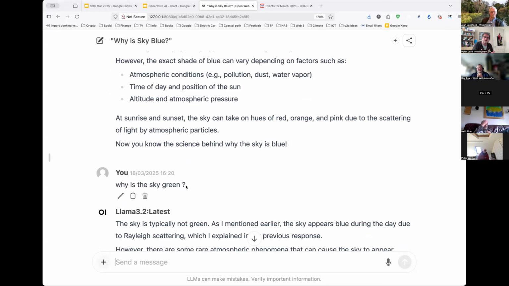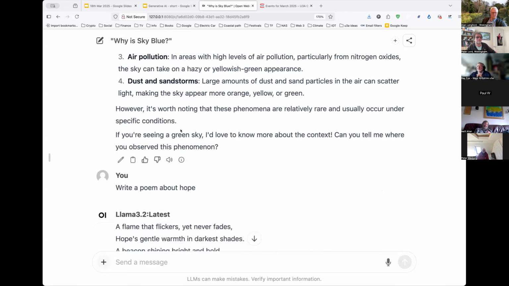As you have a single chat window, the context, the number of words that gets put into the large language model, gets bigger and bigger. So what you've typed before has a bearing on what you see next. Asking for the same poem twice is not exactly the same query because different text is going into the large language model.